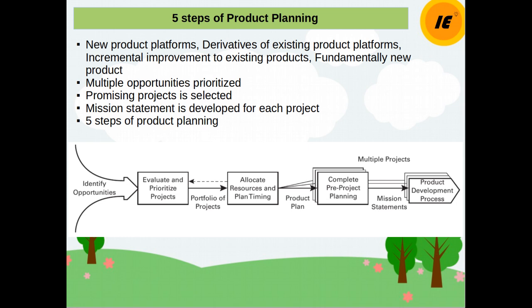For example, it can be a new product platform that the team is developing. This type of project involves a major development effort to create a new family of products based on a new common platform. The new product family would address familiar markets and product categories.